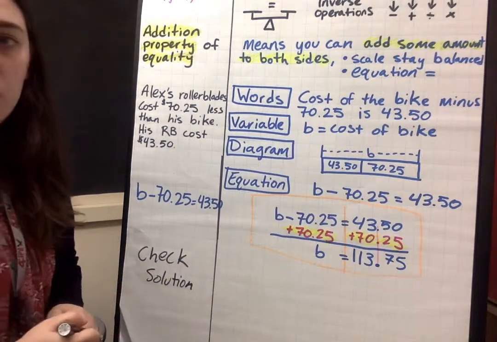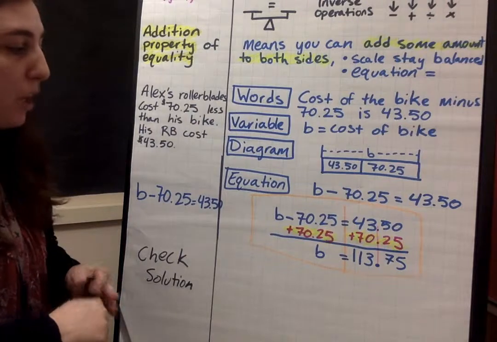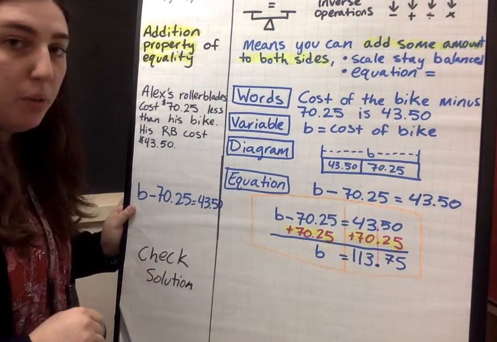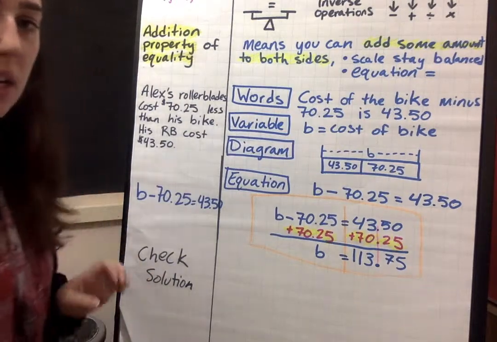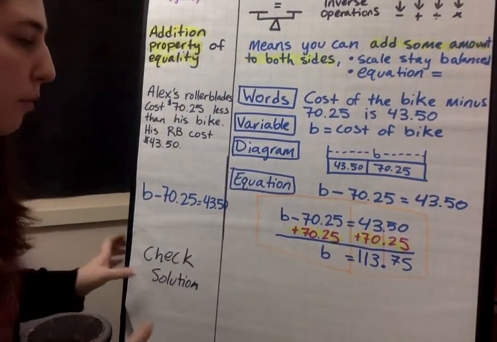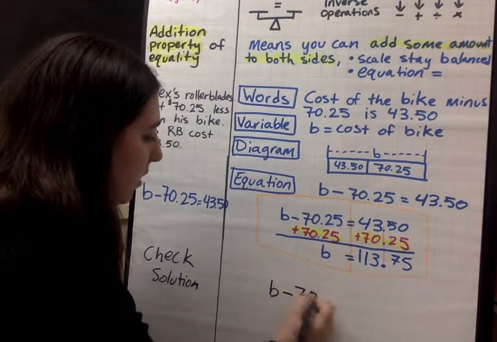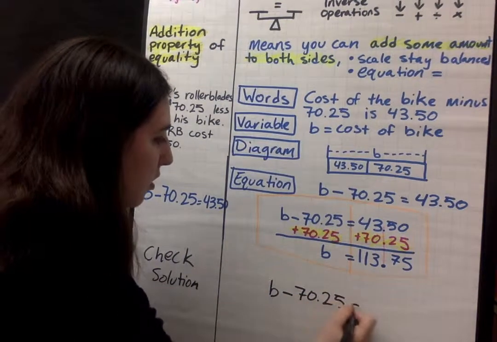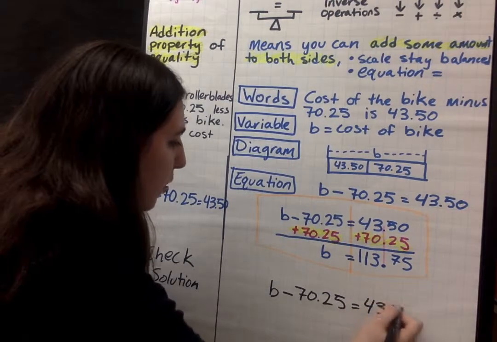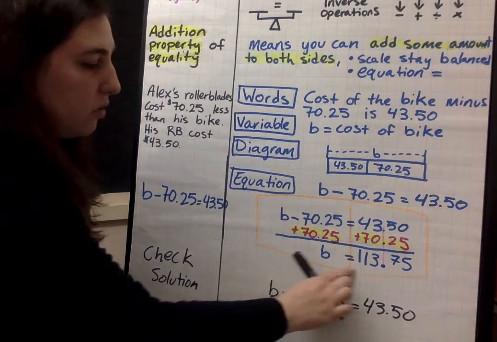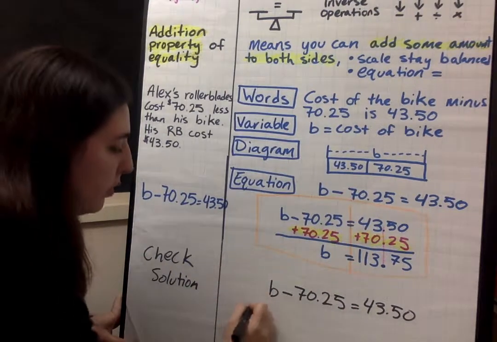To check the solution, we are going to plug this solution back into our variable in the original problem. So I'm going to rewrite this. b minus 70.25 equals 43.50.